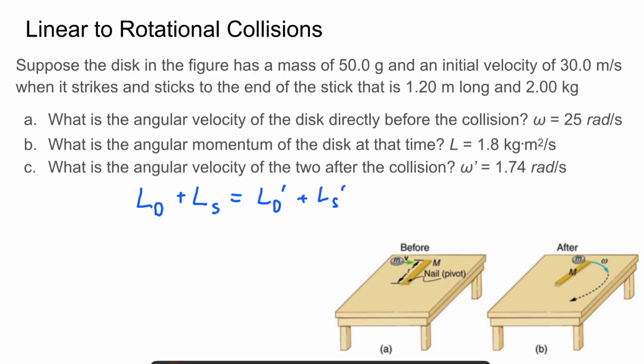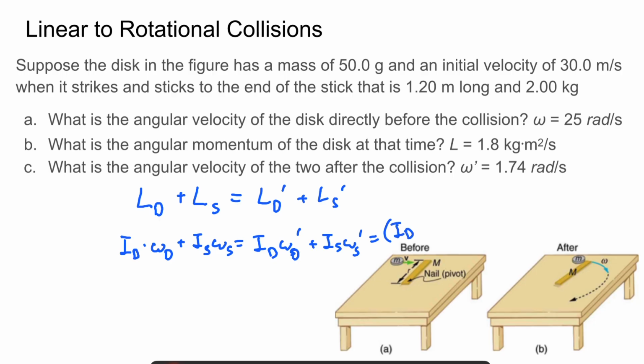We can break these up, since angular momentum is moment of inertia times angular velocity: the moment of inertia for the disk times its initial angular velocity, plus the moment of inertia for the stick times its initial angular velocity, equals the moment of inertia for the disk times its final angular velocity plus the moment of inertia for the stick times its final angular velocity.